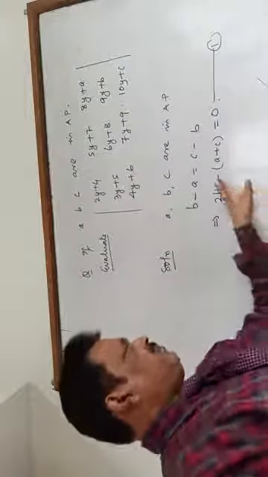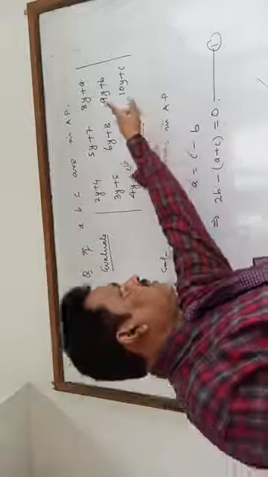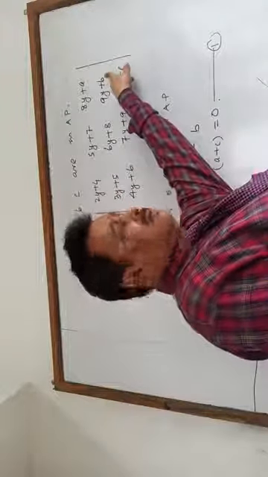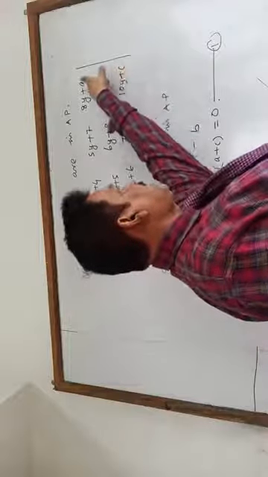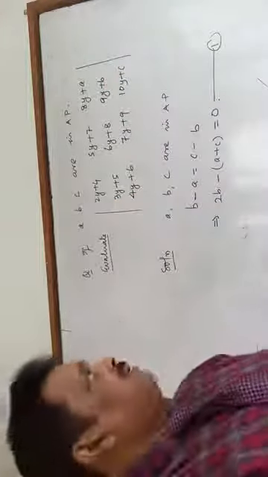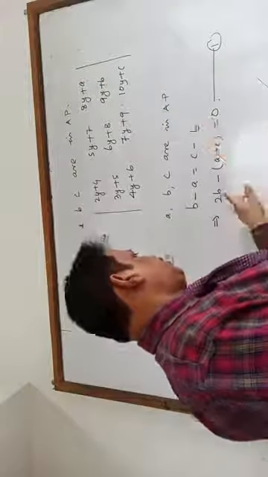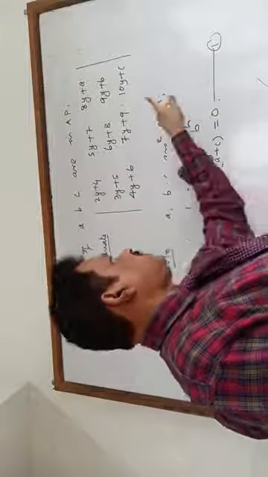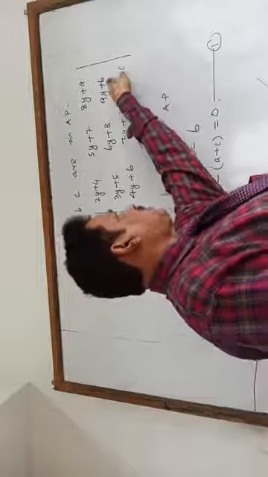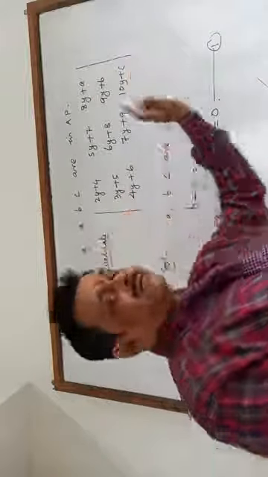So 2b minus a minus c equals 0 means, look at here, if I multiply 2, then it will be 2b. So what operation we have to do here is, the clue is here. 2b minus a minus c, 2b means in this row you have to multiply 2, subtract row 1 and row 3.